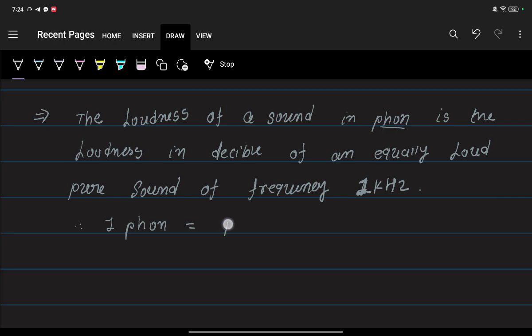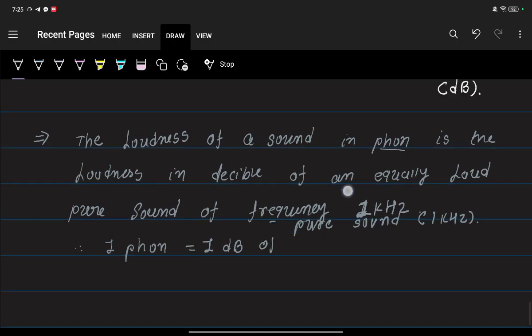So here it is equal to 1 decibel of pure sound having frequency 1 kilohertz. This is the relation between phon and decibel.